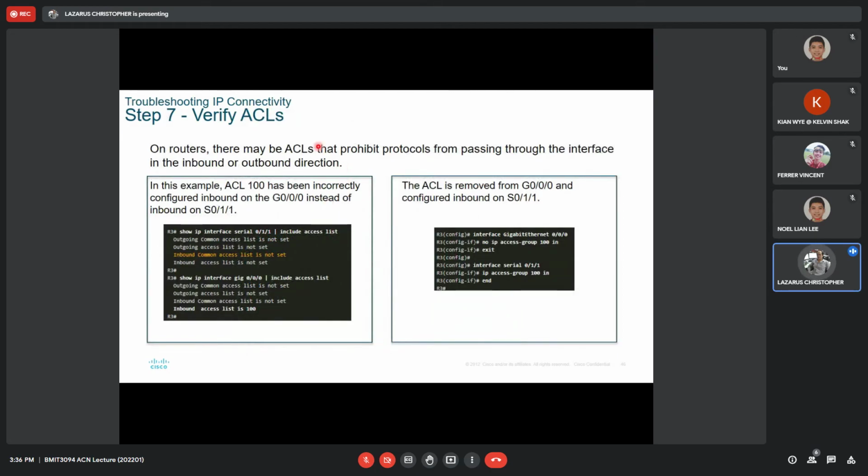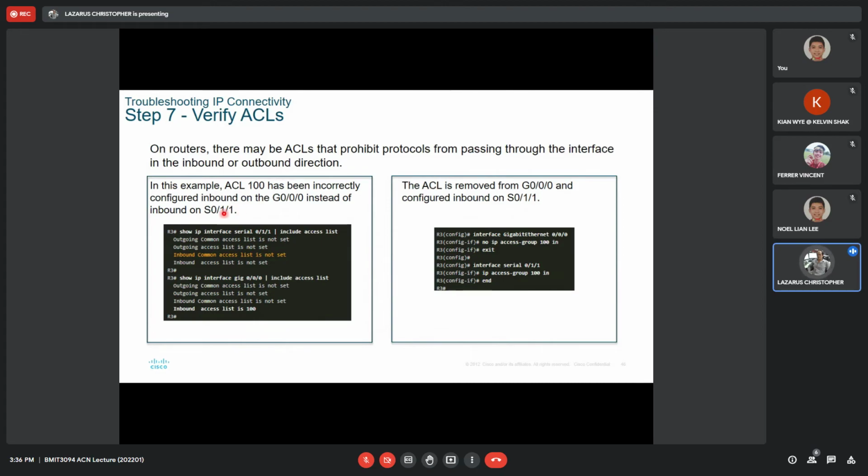Because incorrect entry of an ACL can block traffic basically, right? And also, you have the possibility of entering the ACL for inbound or outbound direction. So for example, in this example, ACL 100 is configured inbound on G000 instead of inbound on S000.